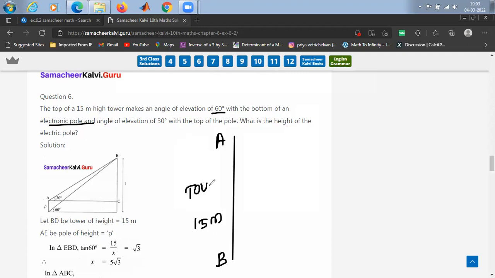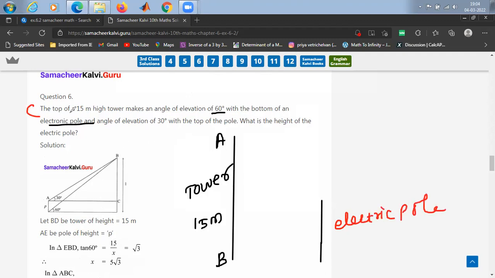This AB is the tower. So you have to draw a pole parallelly. So assume this as the electric pole.